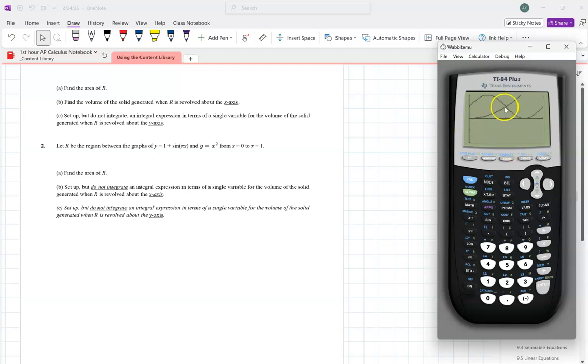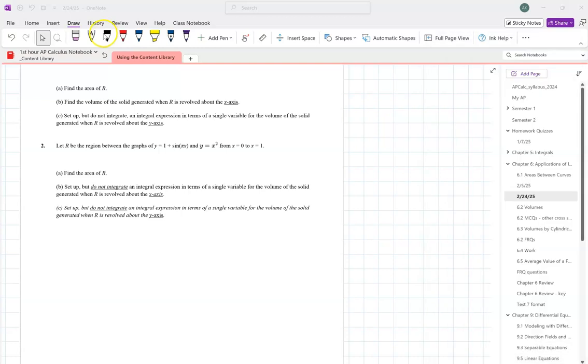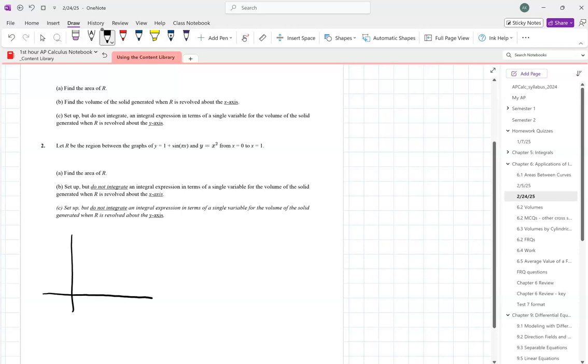Okay, so my region R would be this area in there, right? So I'm just going to kind of sketch that onto my sheet of paper so that I can draw that.